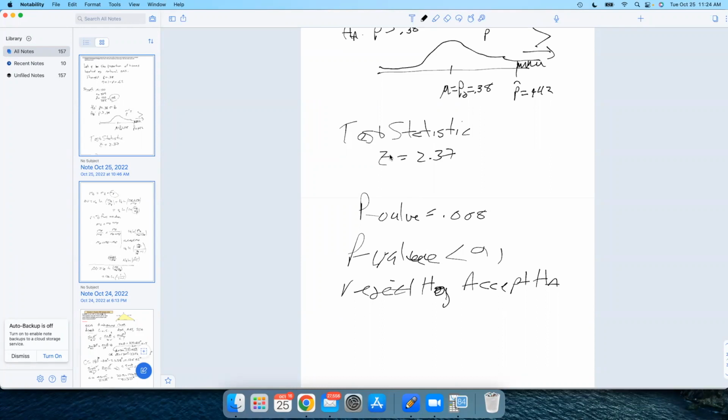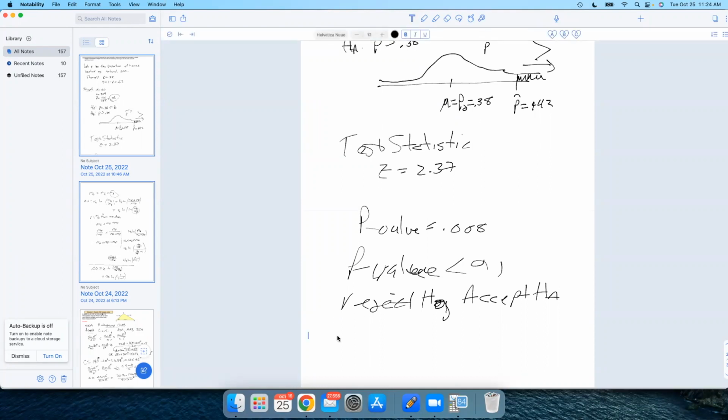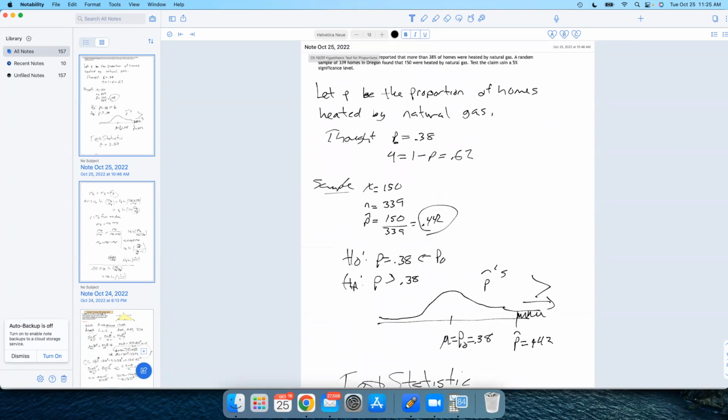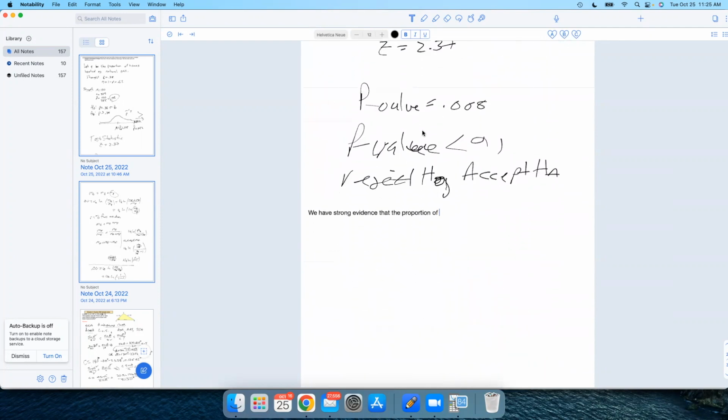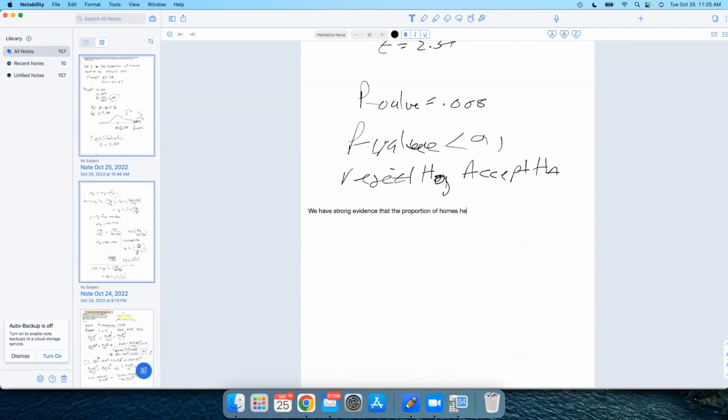So now we would write that out. I'm going to type it. We have strong evidence that the proportion of homes heated by natural gas is, in fact, more than 38%.